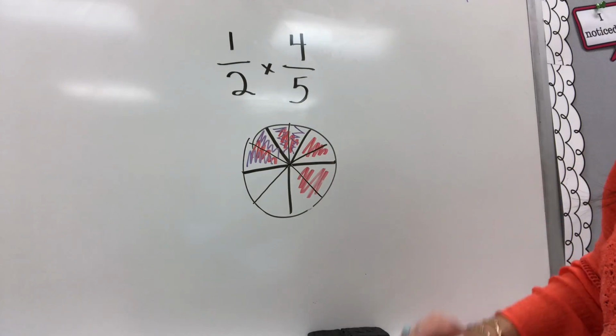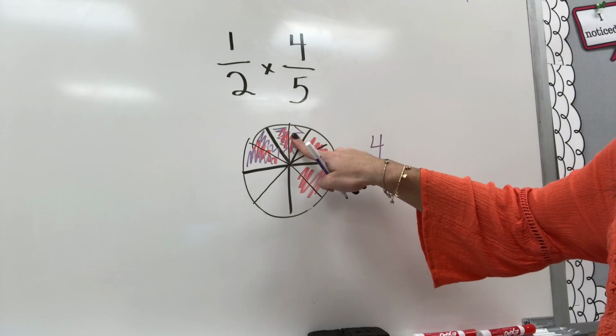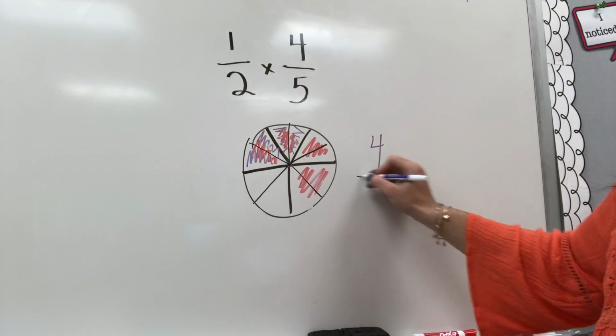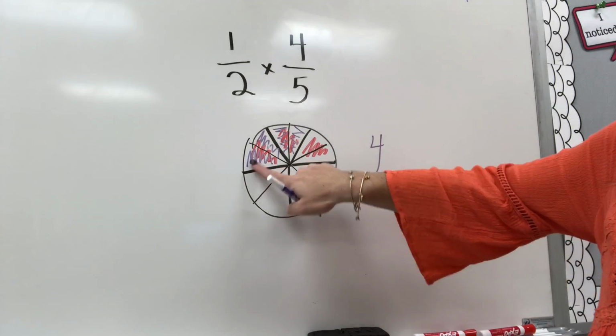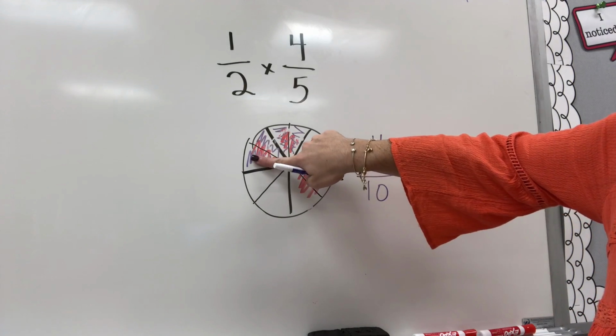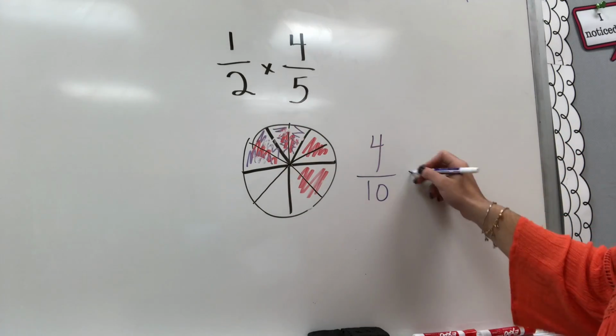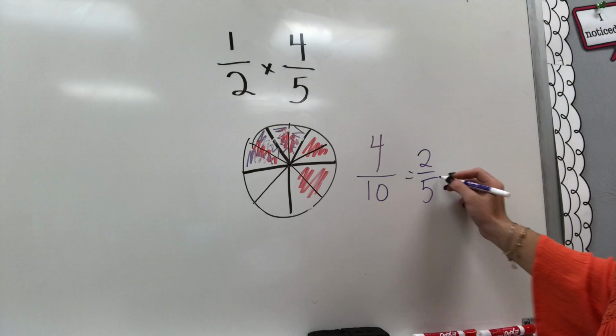But I don't just have 4, I have 4 out of a total of 10. How I know that 4/10 is my answer is because I look to the overlap, and it overlapped in 1, 2, 3, 4/10 of my model, which again is 2/5.